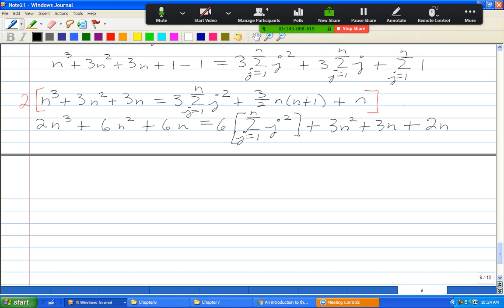I forgot to multiply the right-hand side by 2. Okay, so those terms.